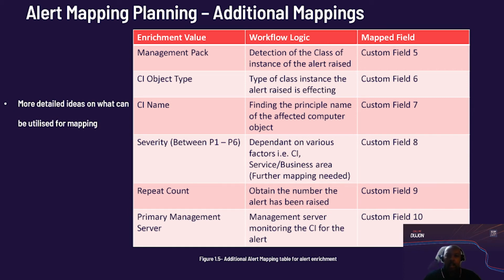But when it comes to simplifying the data and working with all of the custom fields, we want to bring this information along as well, because it's good to see how many times an alert is repeating itself, because that can also identify an alert storm or a config churn which is happening. So in that case, we want to bring that information along as well.